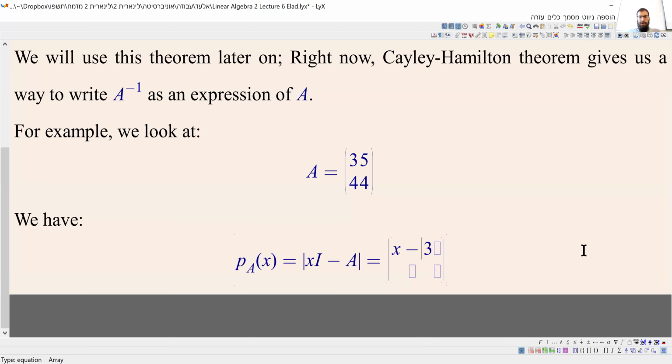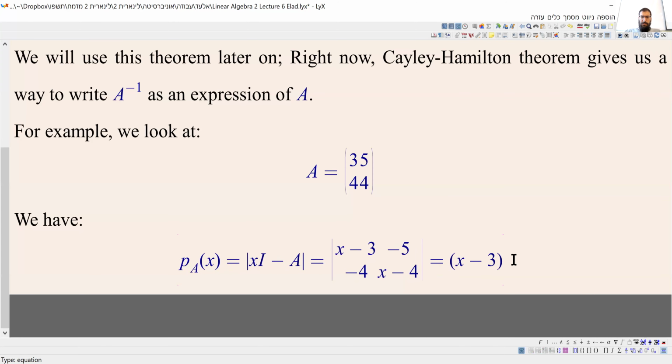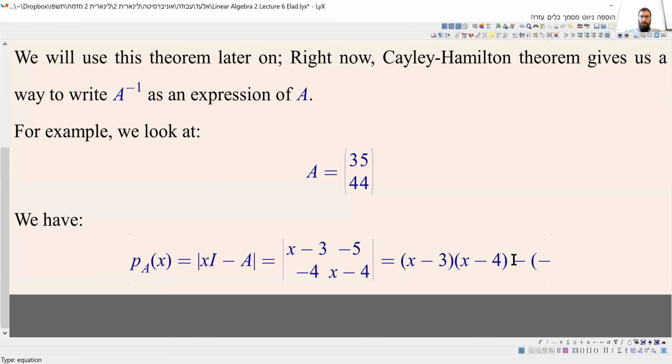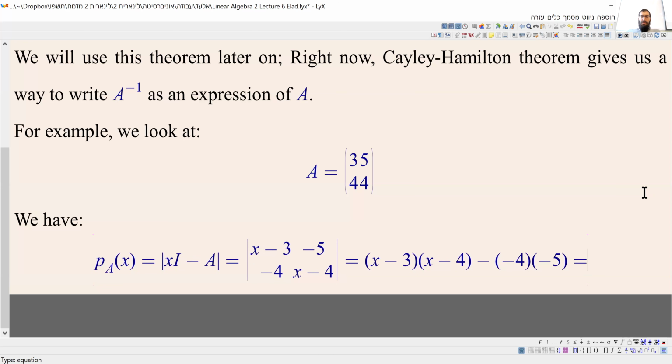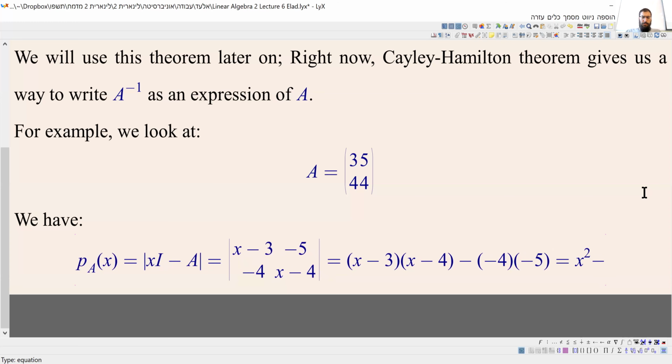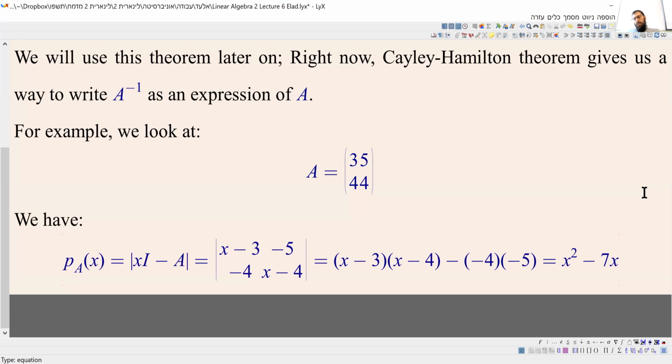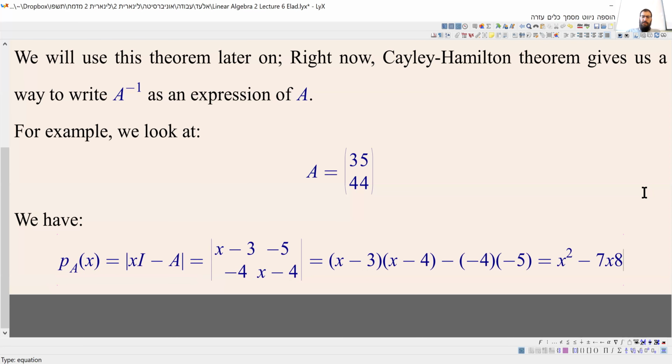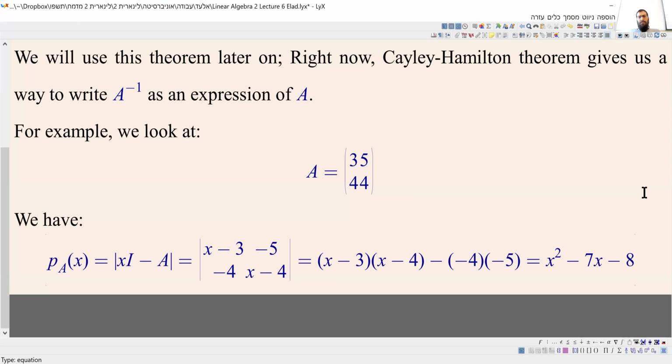We have x minus 3, minus 5, minus 4, x minus 4, and it is (x minus 3)(x minus 4) minus 4 times 5, which is x squared minus 7x plus 12, minus 20, which is x squared minus 7x minus 8, as far as I can see. Correct me if I'm wrong. Now we can go on. I don't want to do it, but here it's pretty easy to find the eigenvalues, etc. We don't need to do this.